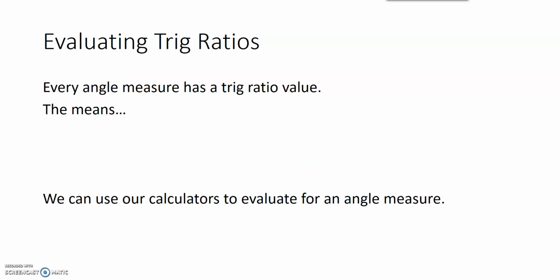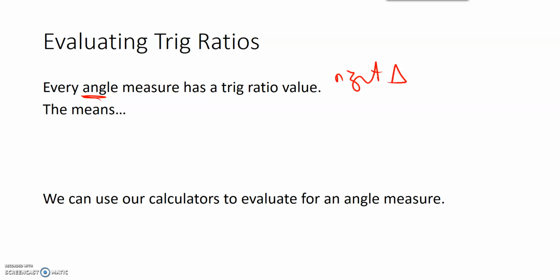Okay, when we're evaluating trig ratios, what this really means, and you guys are going to have a calculator that does the work, but way back in the day, when we didn't have calculators, they had a table that they looked at, because every angle measure has a trig ratio value, and it's the same trig ratio value no matter what triangle we're talking about. Now again, it has to be a right triangle.